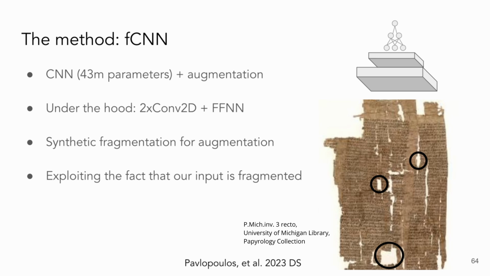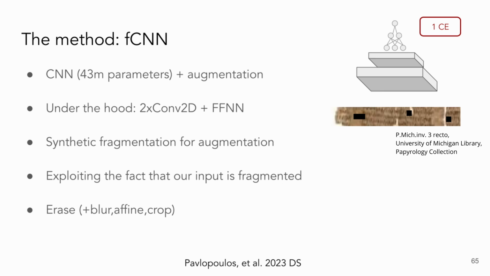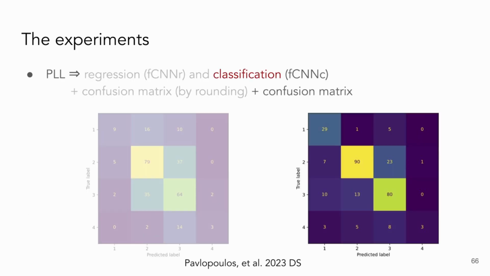Papyri are often fragmented. And this leads to partial information in the image to be dated. Instead of looking at this as a problem, as a weakness, we try to model it. So this pattern can be part of the augmentation strategy by simply erasing randomly imaged fragments that look like broken parts.